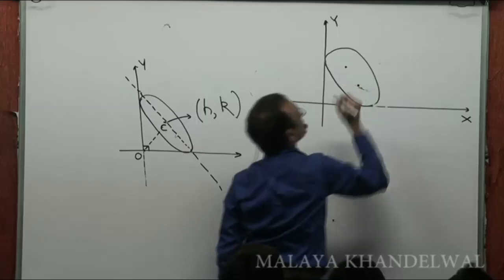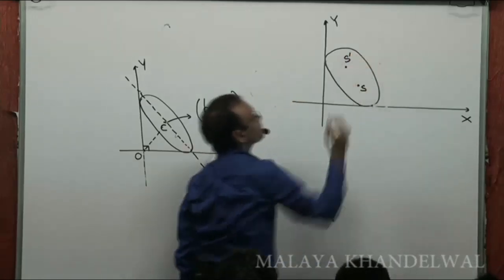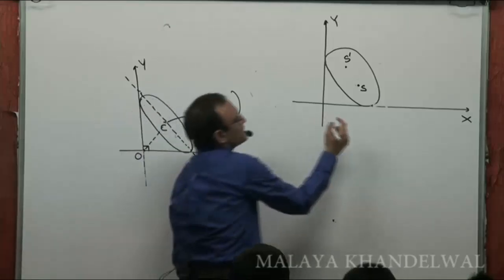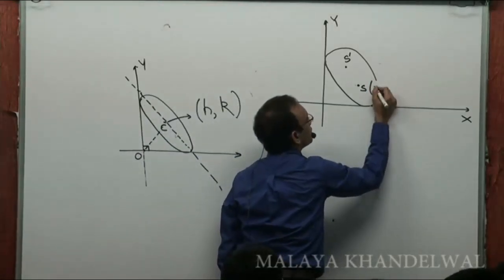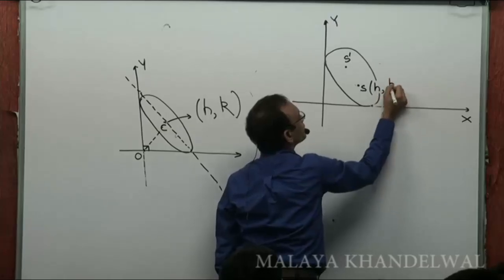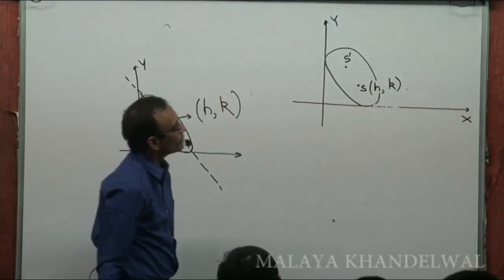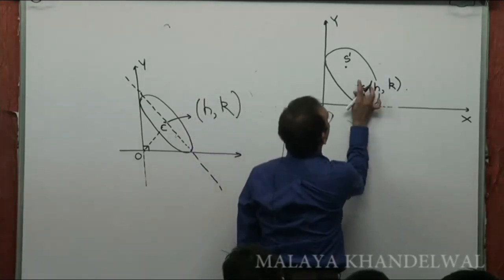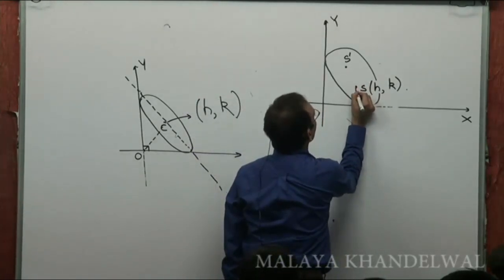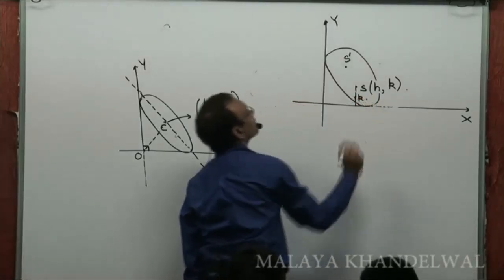These are the two foci, say, S and S prime. Now, if S has coordinates h comma k, then its perpendicular distance from the y-axis is k, right?